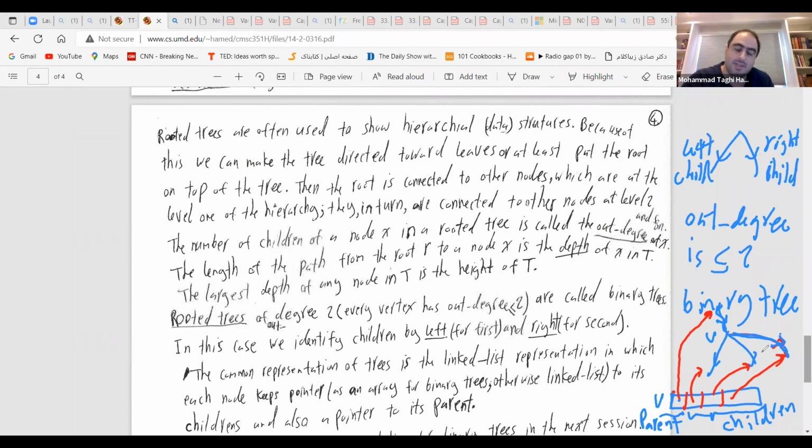You don't have the pointer, but essentially you can define a class. You will say that I have left and right also. So you can define a class of B3, meaning binary tree, and you say left and right also are B3s. Essentially, each class has 2 elements, left and right, and each of them is actually a B3.